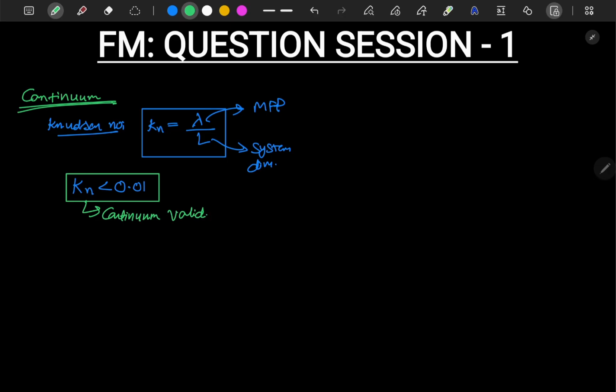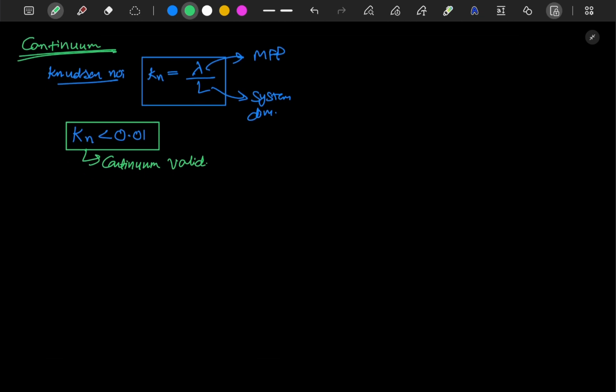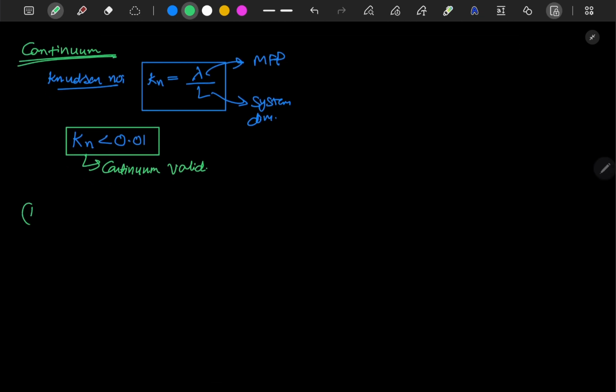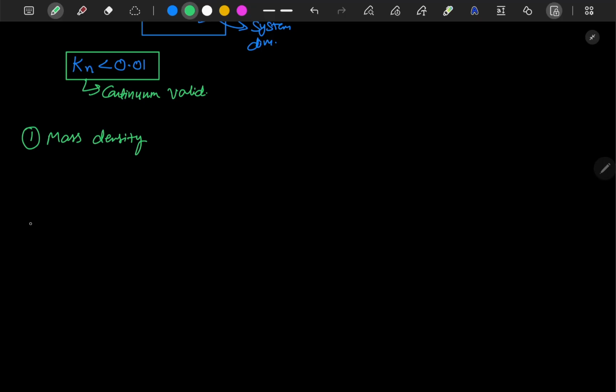Now there are a few properties of your fluid which we have discussed in our lecture. So let's start with them. First property is your mass density. Second property is your specific weight, or weight density.